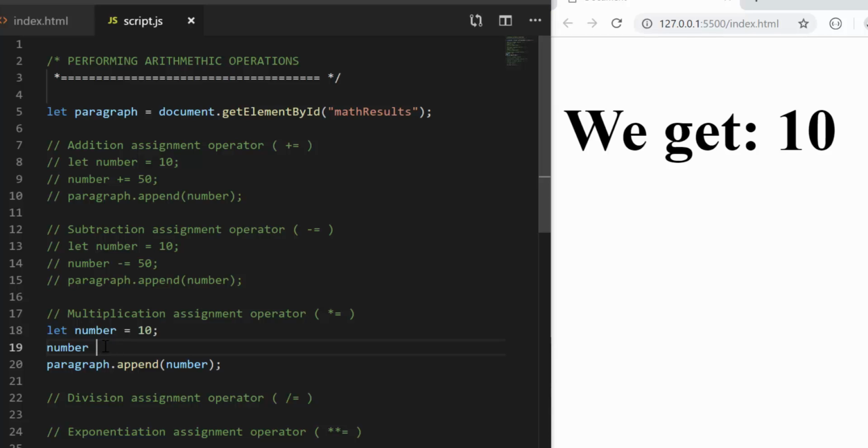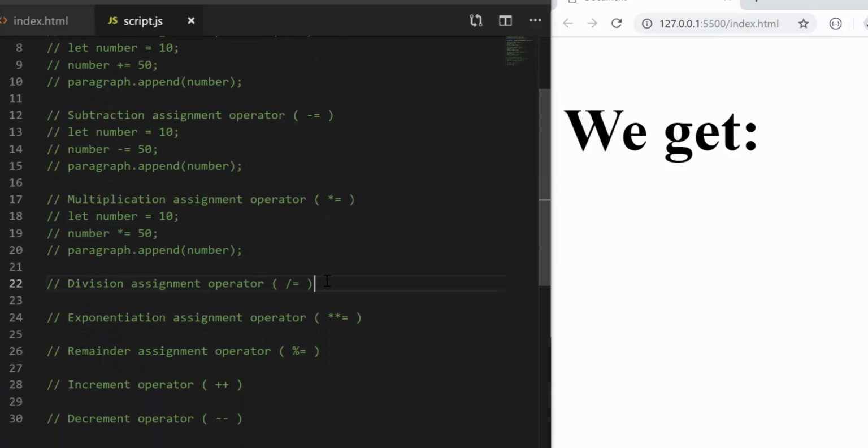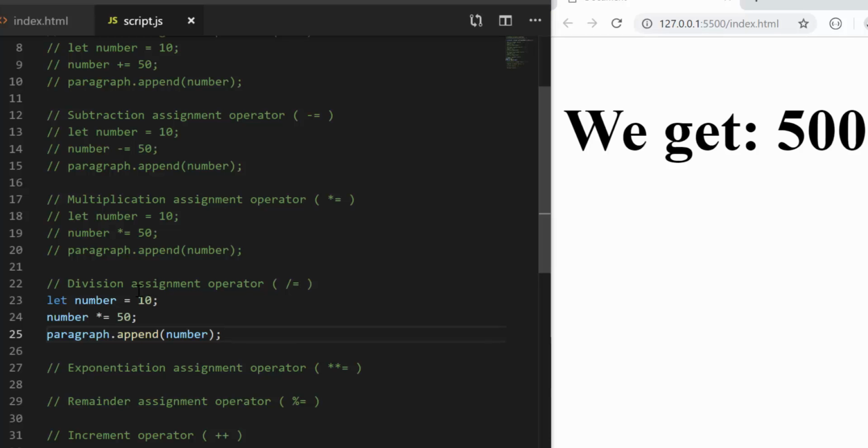So in this case, I'm going to have this, and we get the results. So now I'm going to comment this out and add this here. Let number equal 10, number divide equals 50, and we get 0.2.